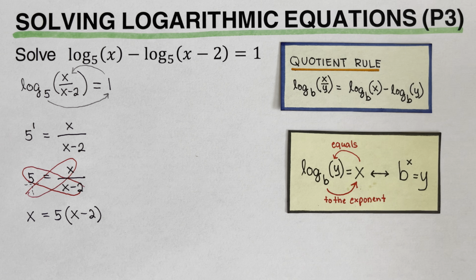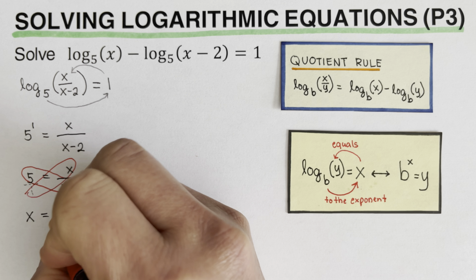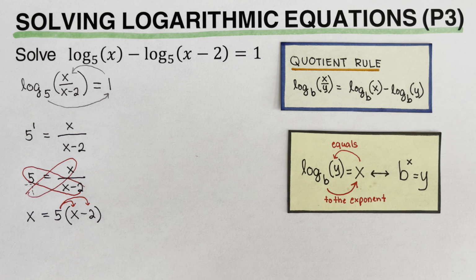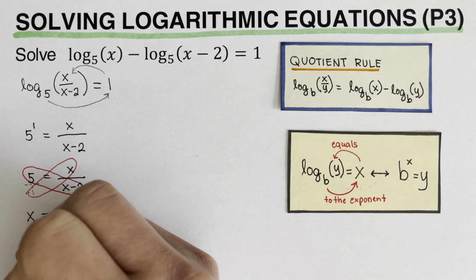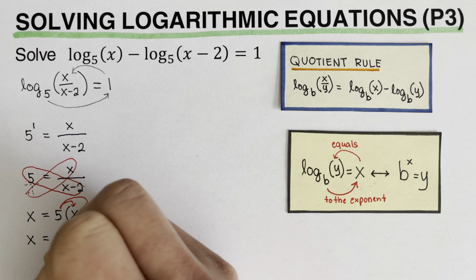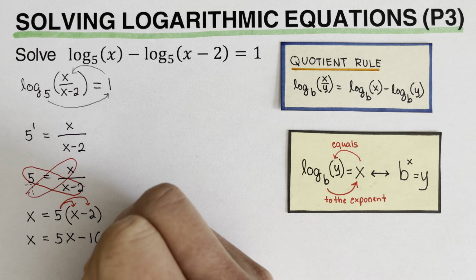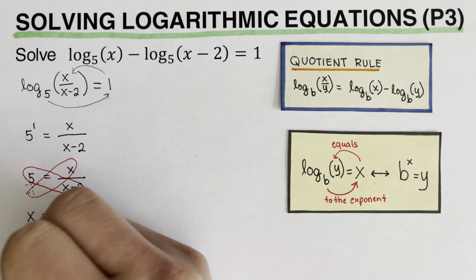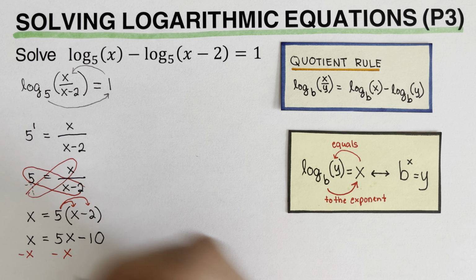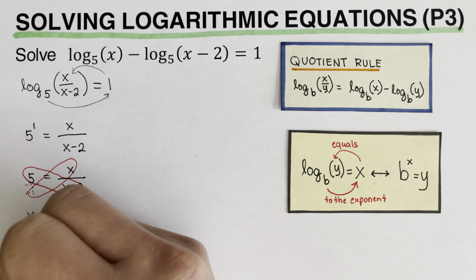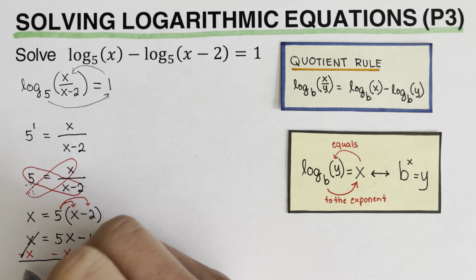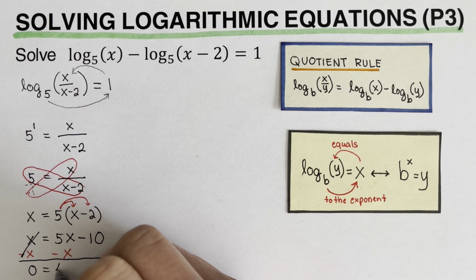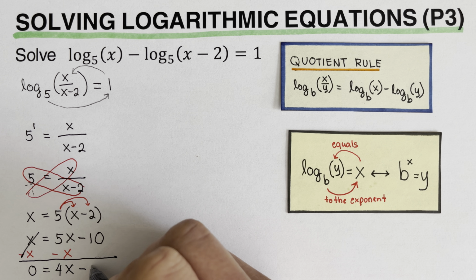We distribute the 5 to each of the terms inside the parentheses, and this would come out x is equal to 5x minus 10. From here we can subtract x from both sides, so that we have minus x and minus x. We are left with 0 on that side, 0 is equal to 4x minus 10.